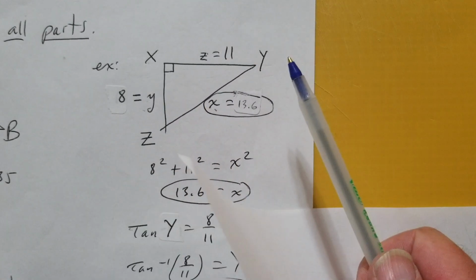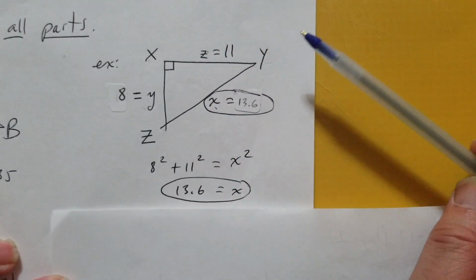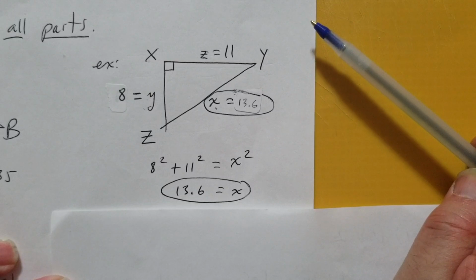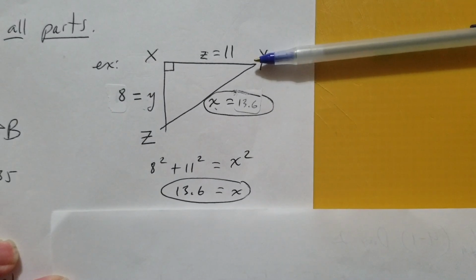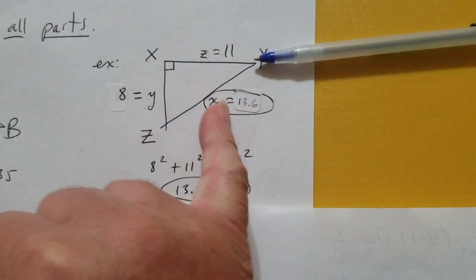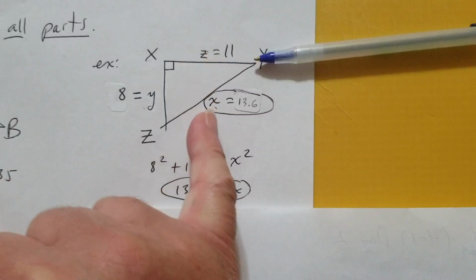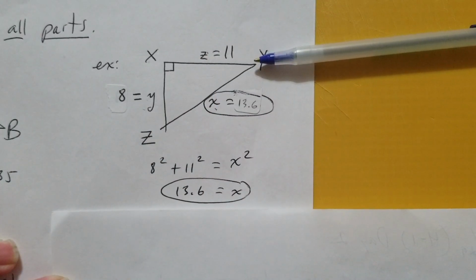So I went for the y angle first. Well, which two should I use? Good news, any two you want, and you're going to get the same answer. So if we're going to find y first, you could use opposite over adjacent, opposite over hypotenuse, or adjacent over hypotenuse. Just pick one. It'll get you the same answer, trust me.